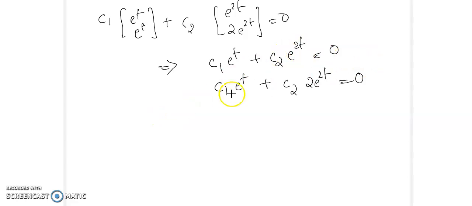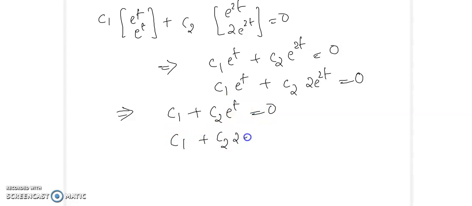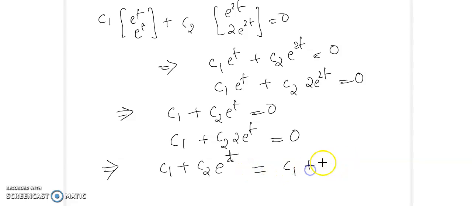Now you can multiply by e raised to minus t on both sides. So you will get C1 plus C2 e raised to t, then C1 plus 2C2 e raised to t equal to 0. Now both are equal to 0, so this will imply C1 plus C2 e raised to t will be equal to C1 plus 2C2 e raised to t. So these two must be equal.